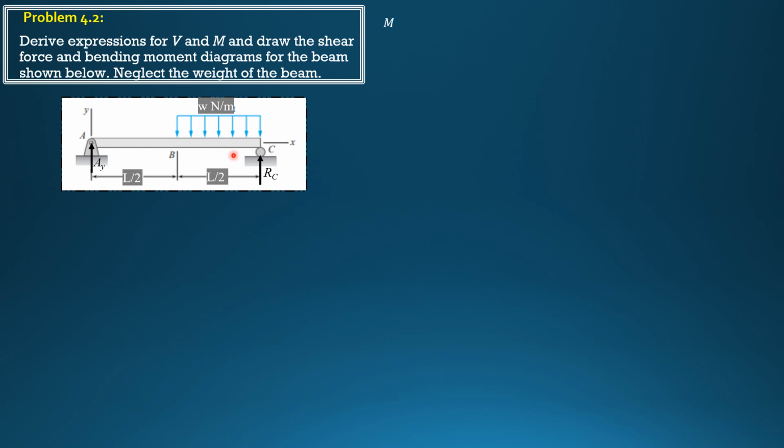Summation of moment about C equals 0, clockwise positive: AY times L, minus W times L over 2 times the distance of its centroid from the right, which is L over 4. So W times L over 2 times L over 4.